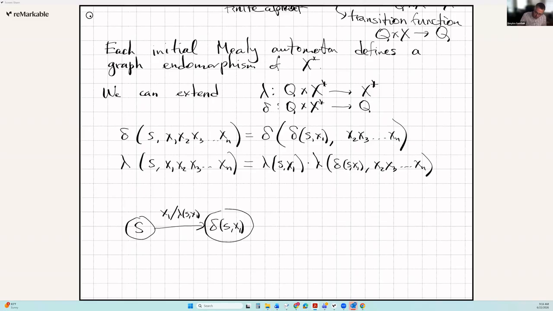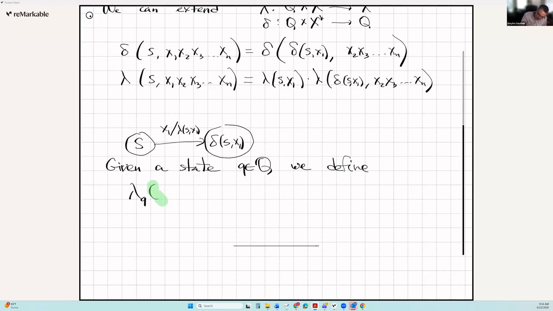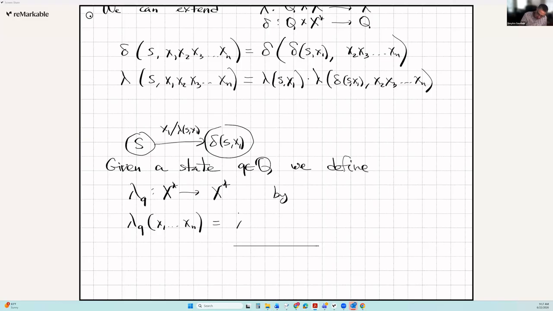And now, of course, once you fix a state, given a state q in Q, we define lambda q, which will be just a function from X star to X star, and that's going to be our transformation that we are looking for, from X star to X star by lambda q of x1, ..., xn to be just lambda of q, x1, ..., xn.